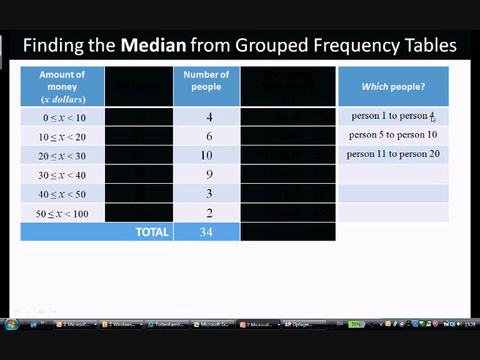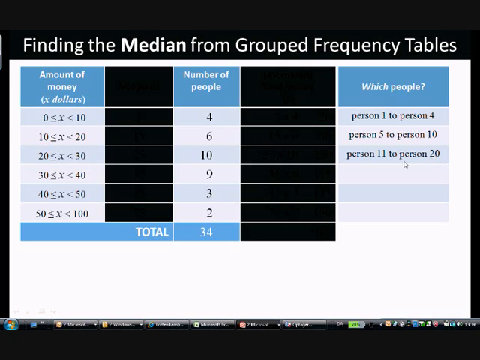In fact, if you look down the end here, you can see that person 4 is the last person, and then 6 more people. 4 plus 6 takes it to person 10 for the last person of the next group. So if you want to add the number of people to find out what the next group should be, then add it to the end number of the last group, not the first number of the new group.